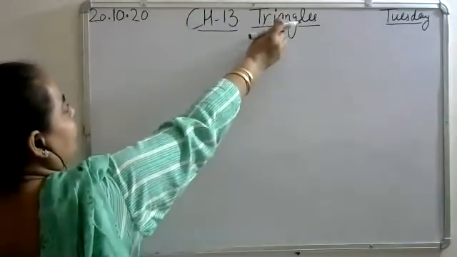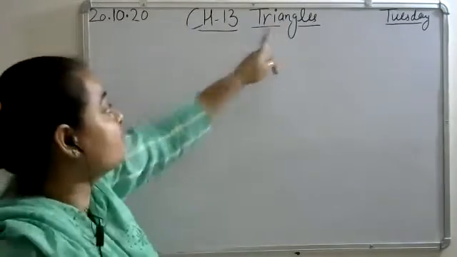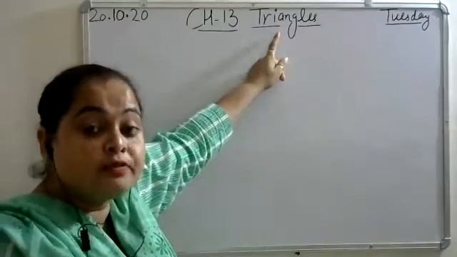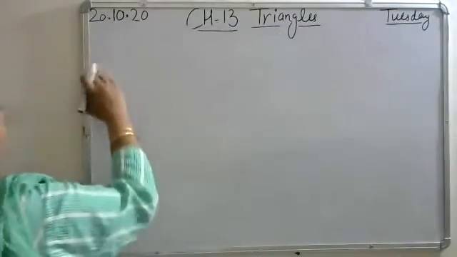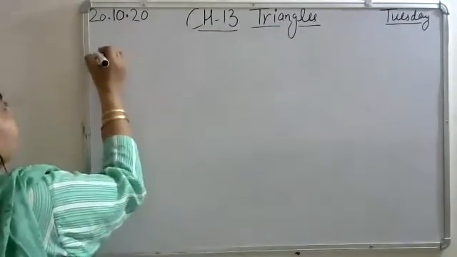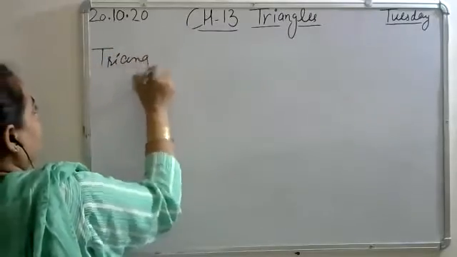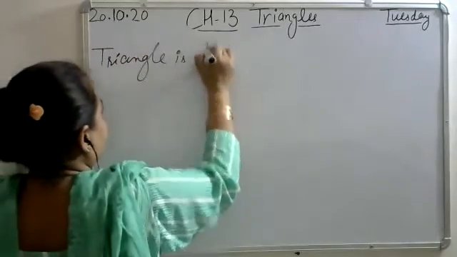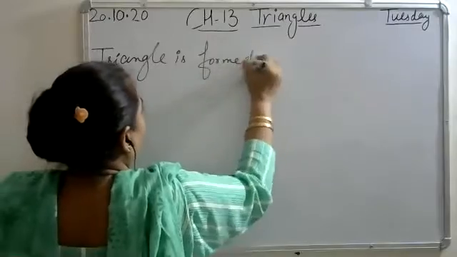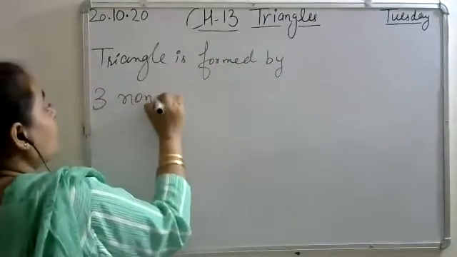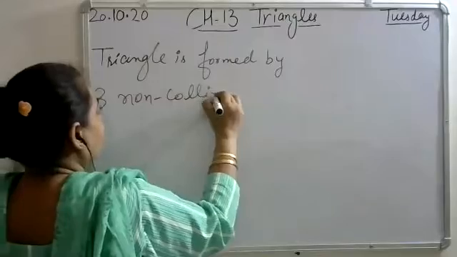What about triangle? Now come to the concept of triangle. How is a triangle formed? A triangle is formed by three non-collinear points.